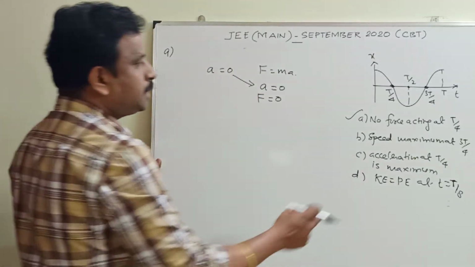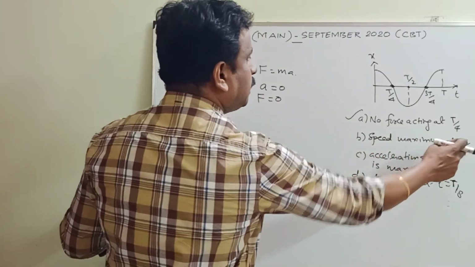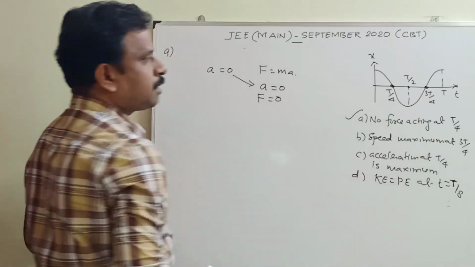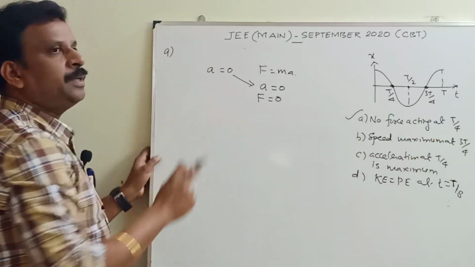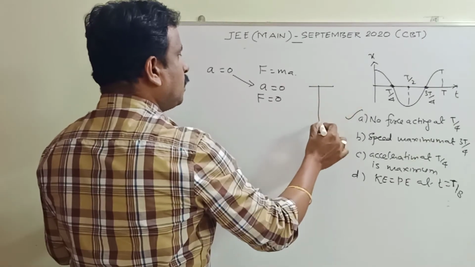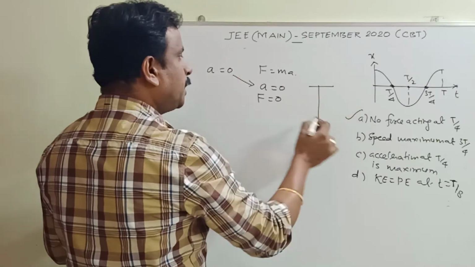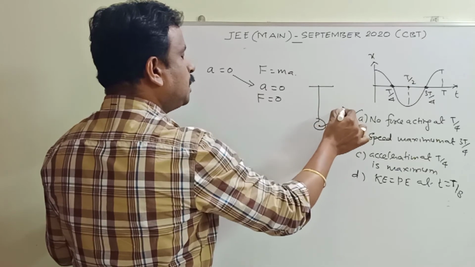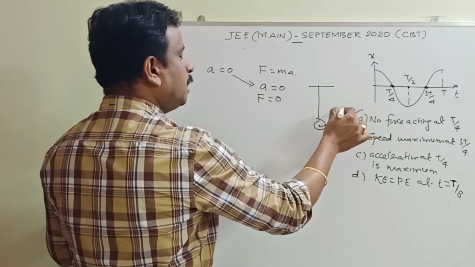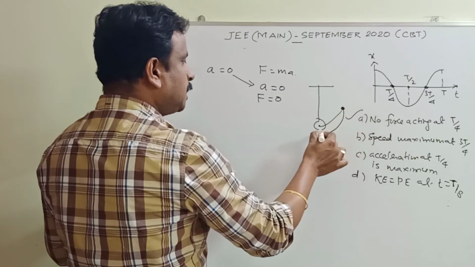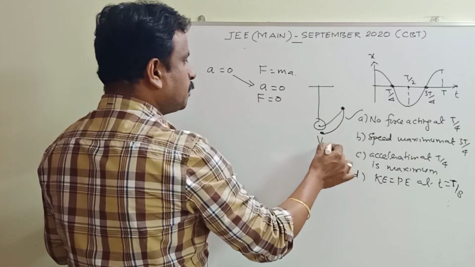Speed is maximum at 3T by 4. When the speed is maximum, the acceleration will be 0. So for example, if you take one pendulum which is executing simple harmonic motion, this is the original position. If it is going to this extreme position, when it is accelerated towards the mean position, here the speed will be maximum.